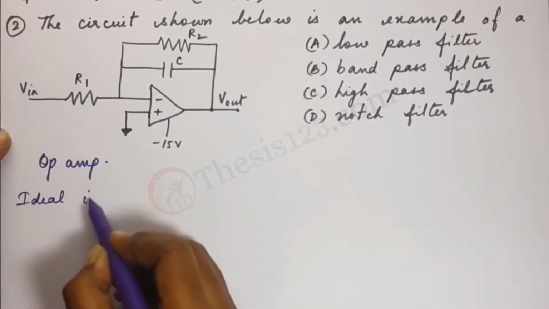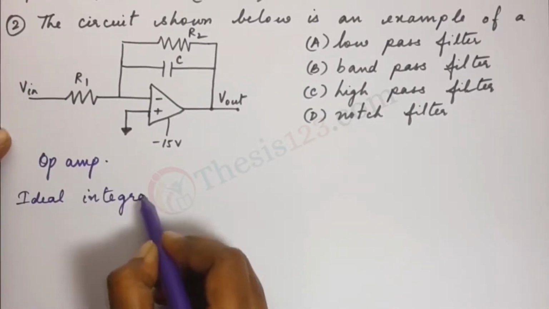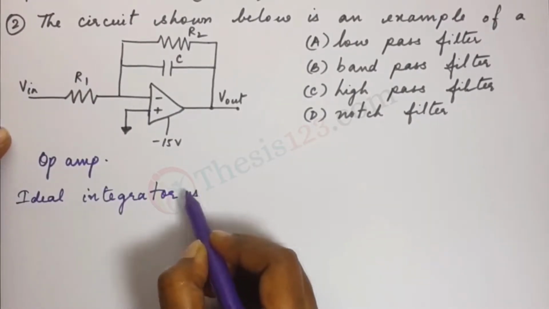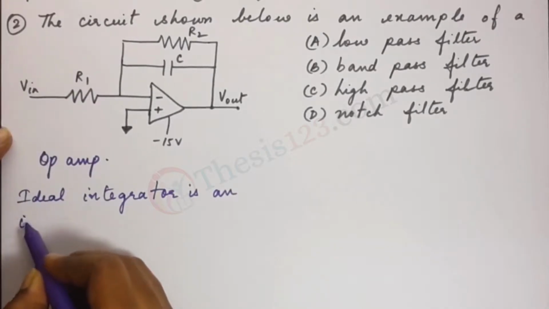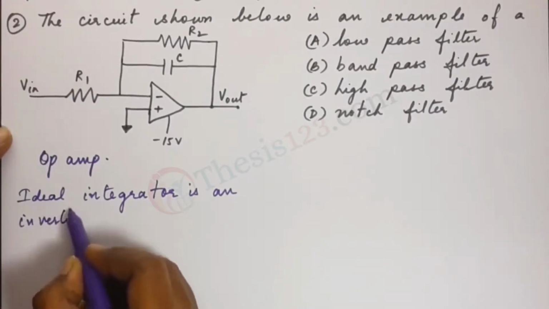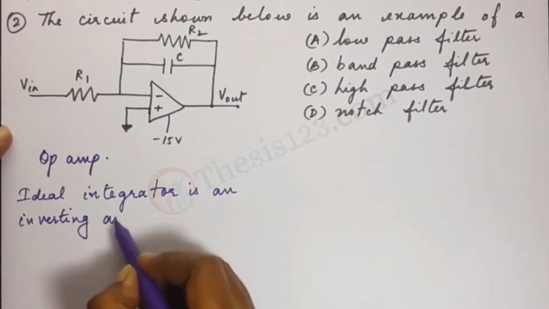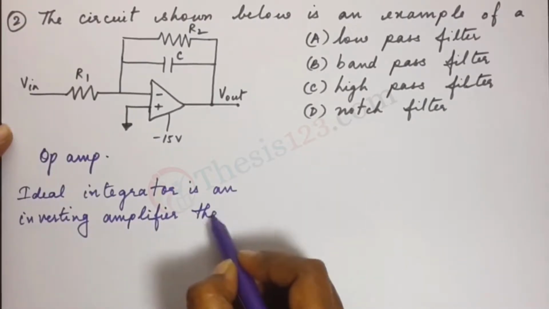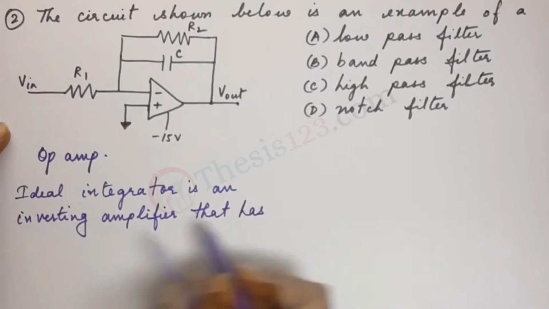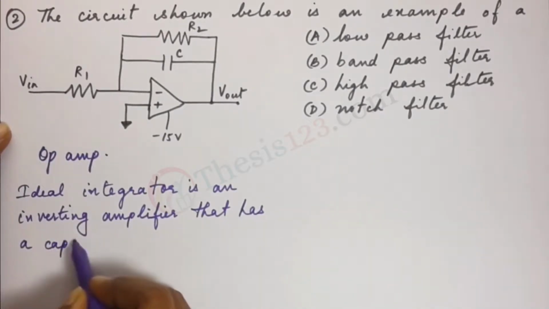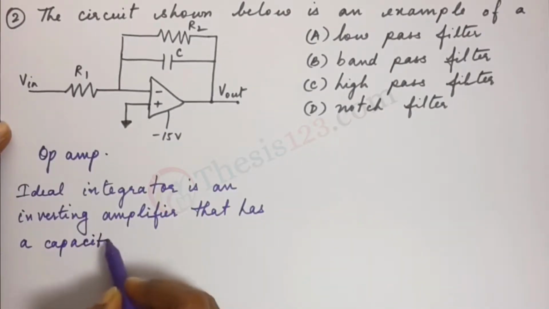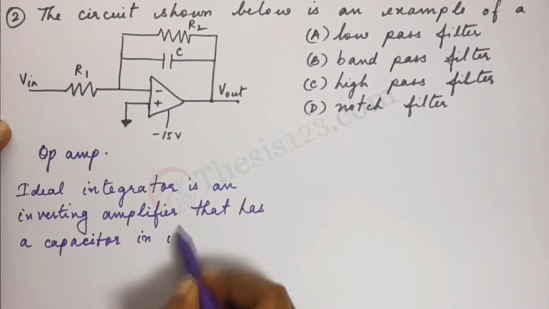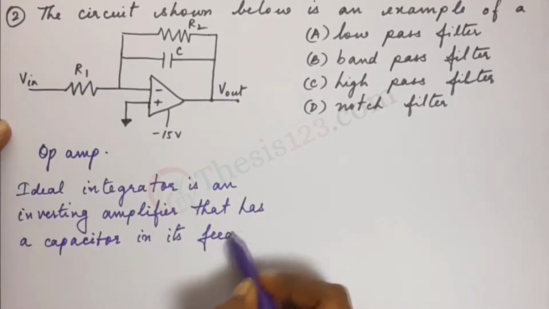Ideal integrator is an inverting amplifier that has a capacitor in its feedback path.